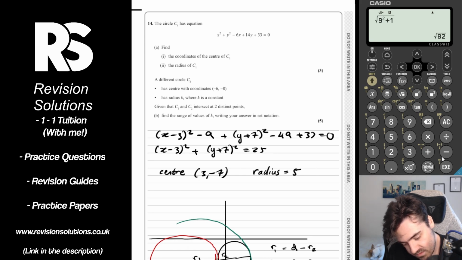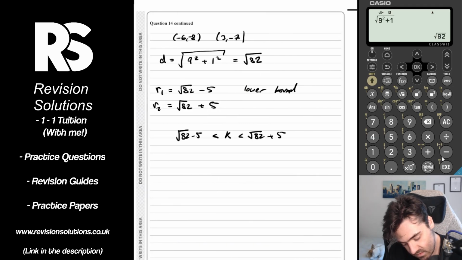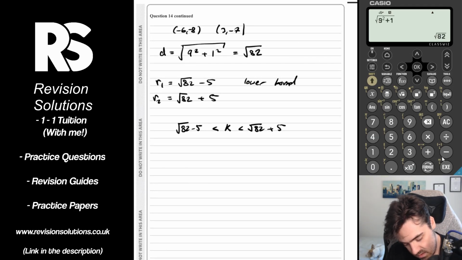And it wanted the answer in set notation, so let's put it in these curly brackets. So k is a real number such that it's between those two values.